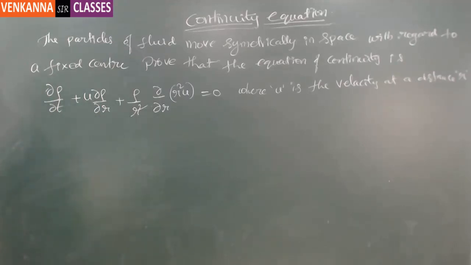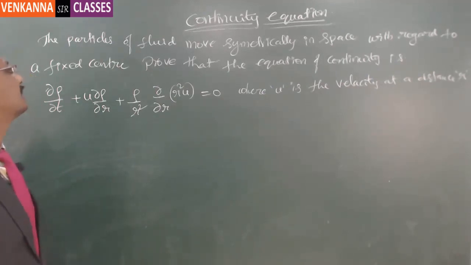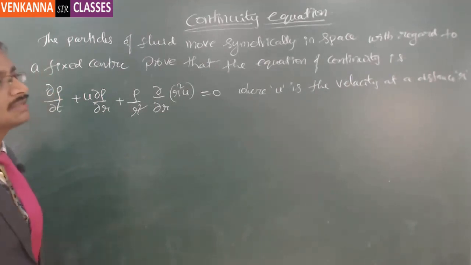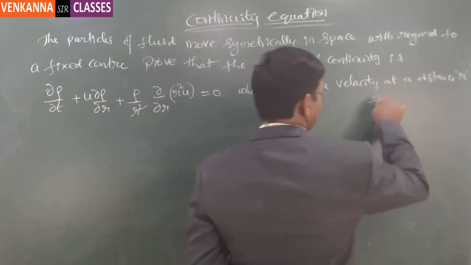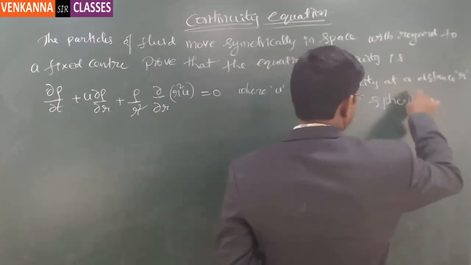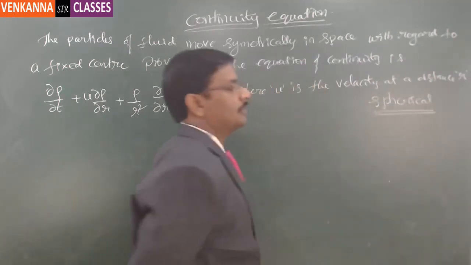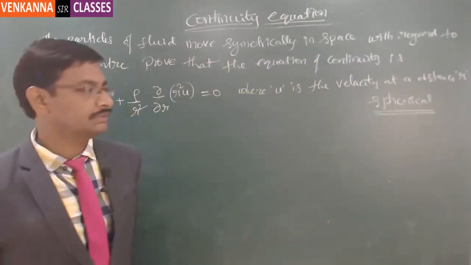Here, a particle of fluid moves symmetrically in space with regard to a fixed center. Indirectly, what he asked is the spherical coordinate system. I hope everybody is aware of what the spherical coordinate system is. I don't need to repeat that.